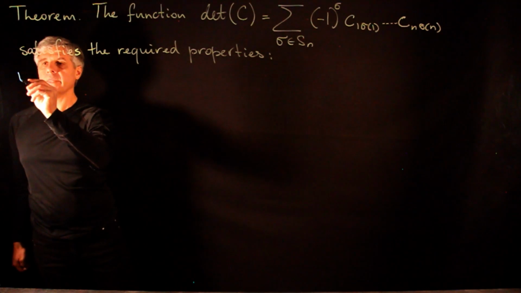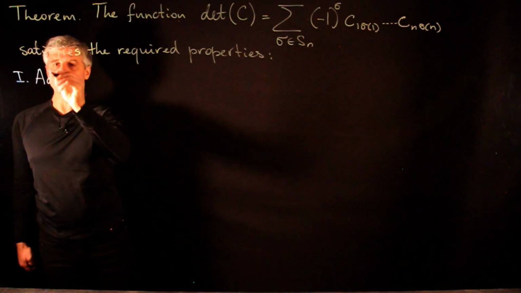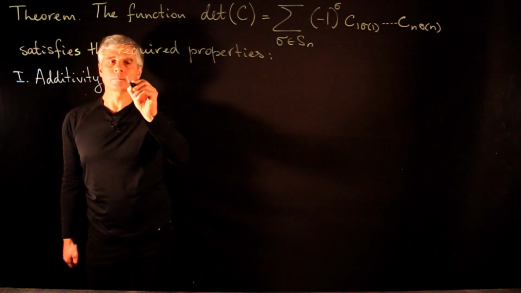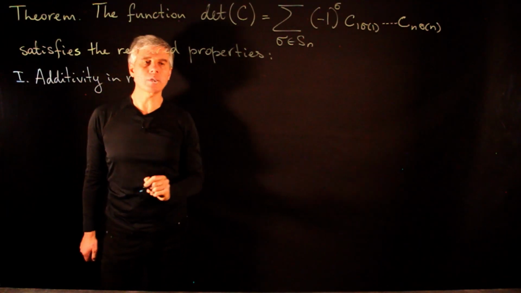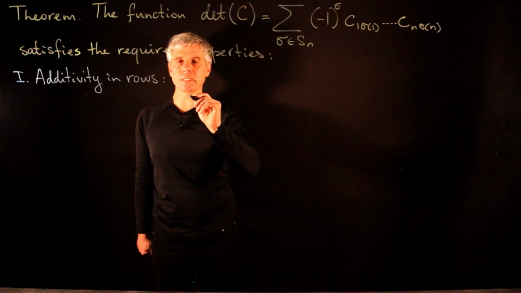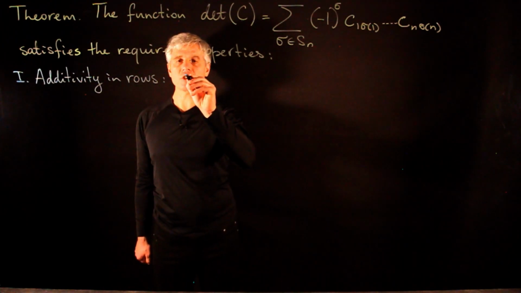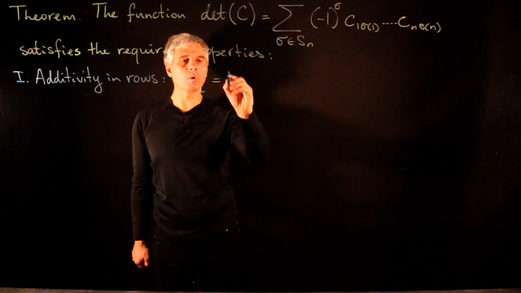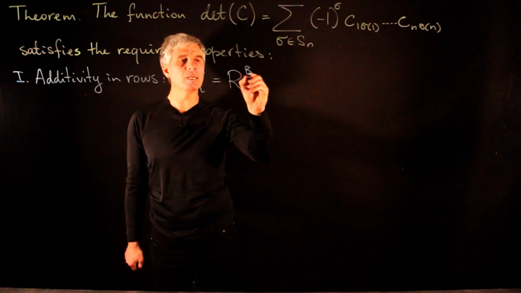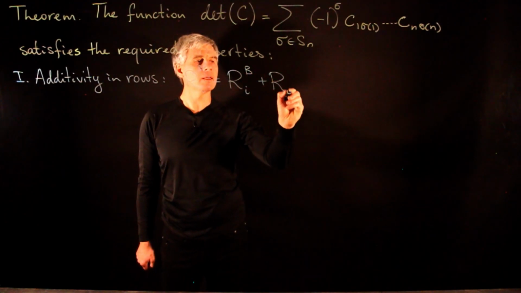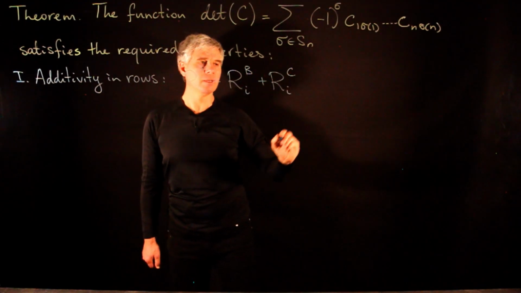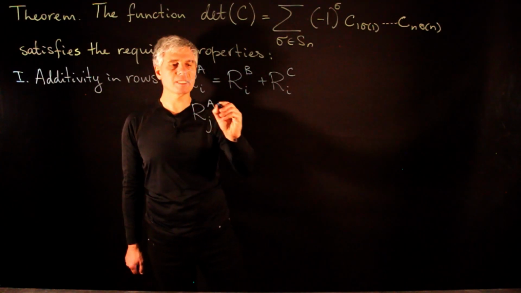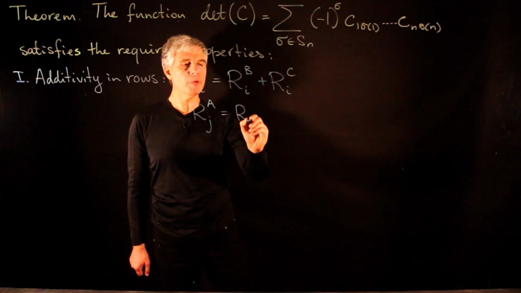Namely, 1, additivity in rows. So if we have three matrices A, B, and C such that row number I of matrix A is equal to row number I of matrix B plus row number I of matrix C, and for all other rows, they are the same in all three matrices.